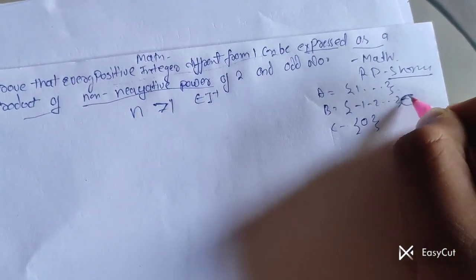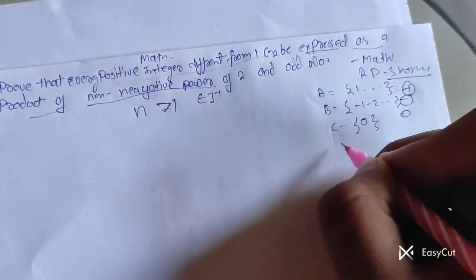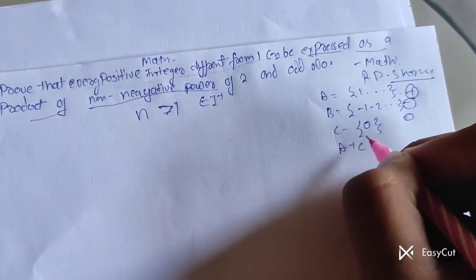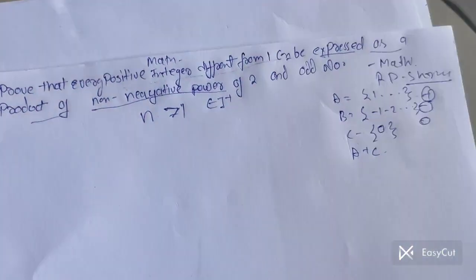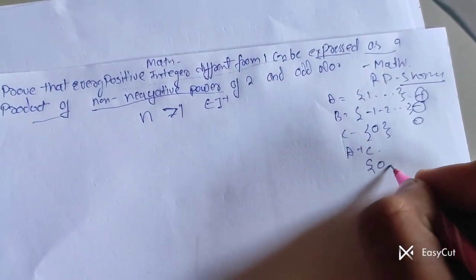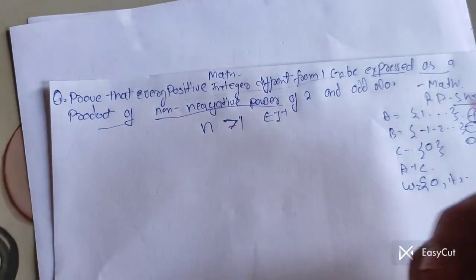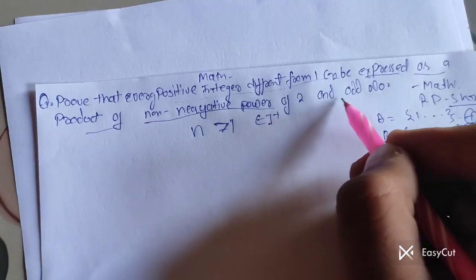So this is a negative set, this is a positive set, and this is the 0 set. Non-negative means we add C, where the negative part is not included, so non-negative means including 0 and 1, 2, that is our whole numbers. Okay, so a non-negative power and an odd number.